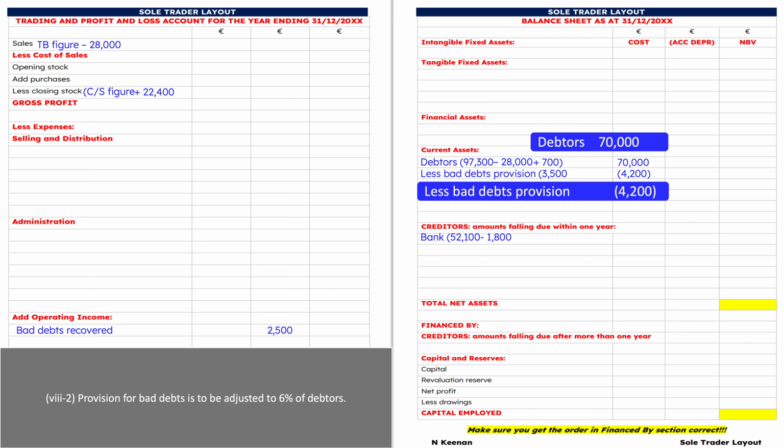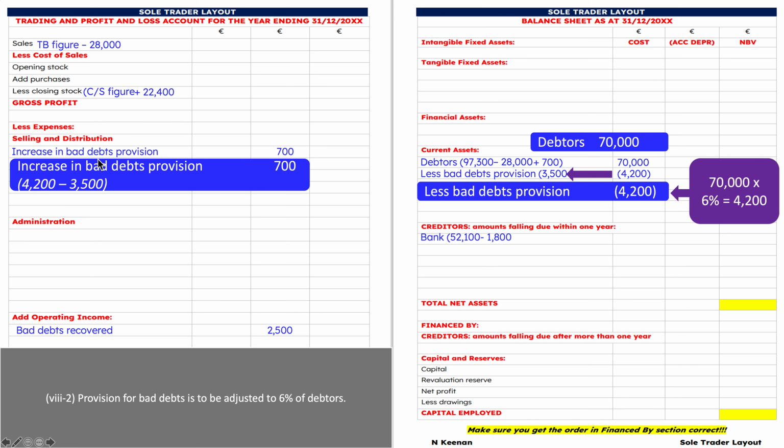Okay, and then what you do is you have to compare that to the previous bad debts provision that is in the trial balance, and that is an increase of €700, which is not a fantastic situation, but we have to treat it then as an expense. So increase in bad debts provision there, €700.